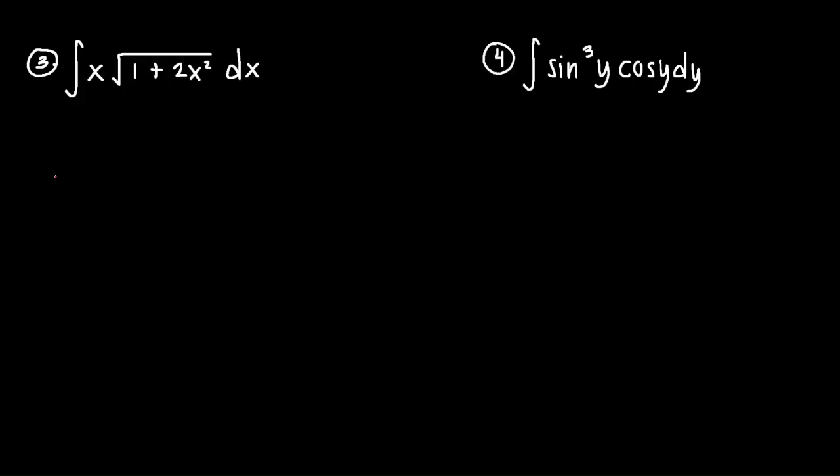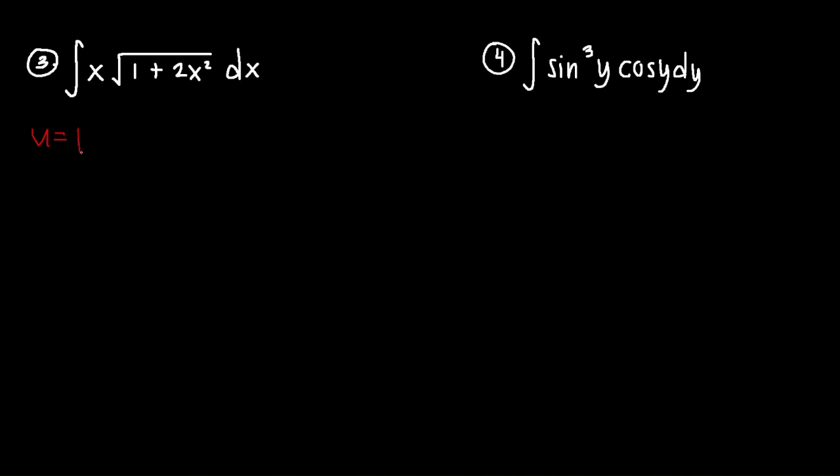For the next problem, we have this integral of x times root of 1 plus 2x squared. Okay, so once again, we can find u as our inside function.